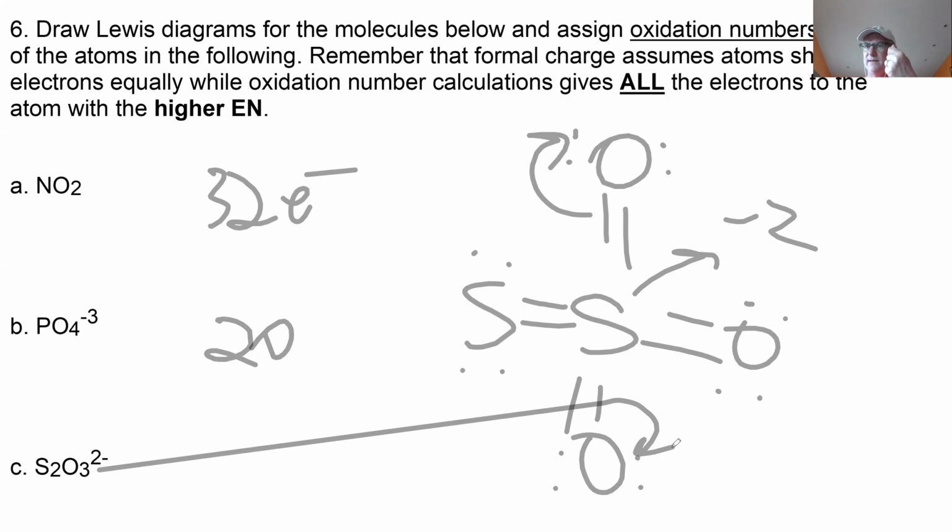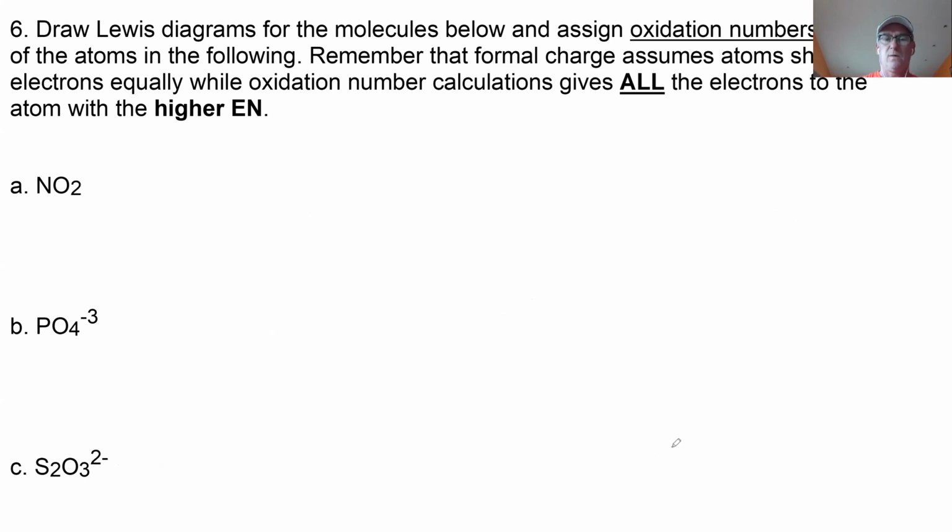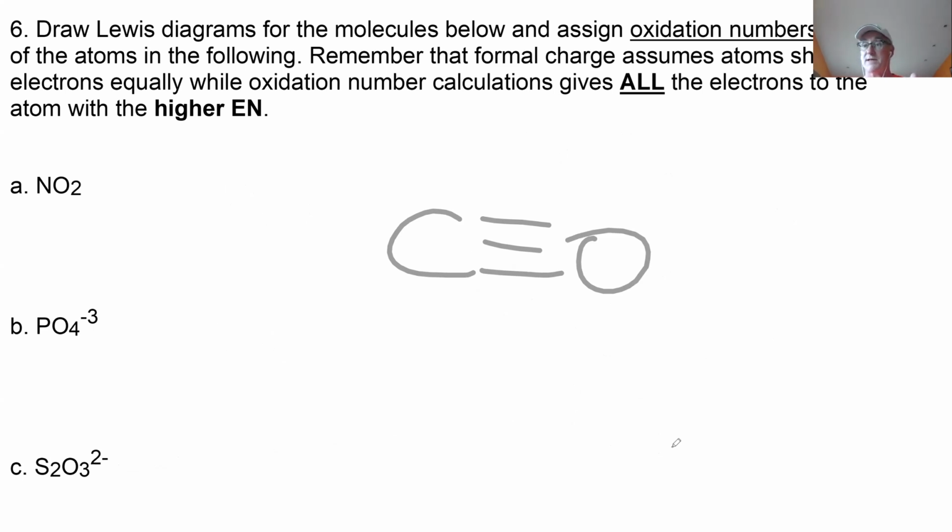And the only thing that immediately comes to mind that doesn't work for is carbon monoxide. Because remember, with carbon monoxide, we basically wound up with a negative charge on the carbon and a positive charge on the oxygen, because that's the only way we can make it work.